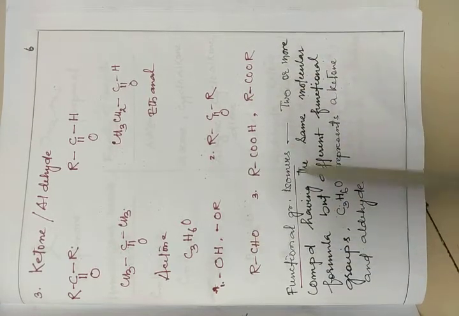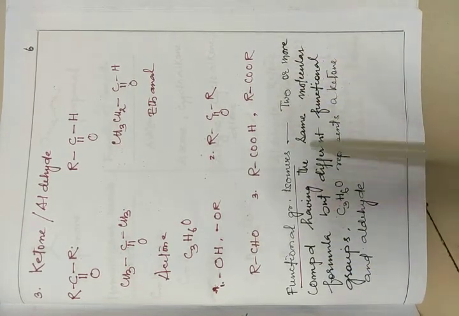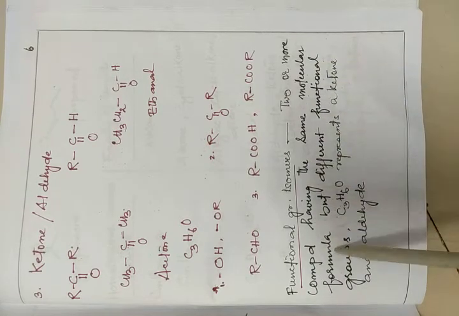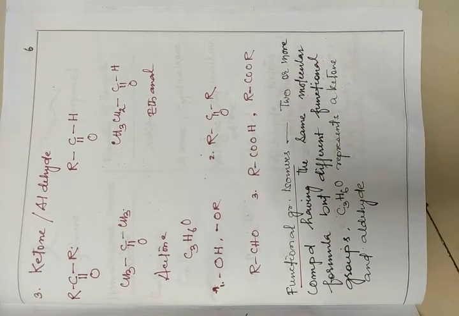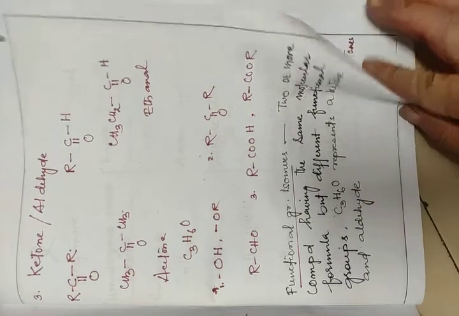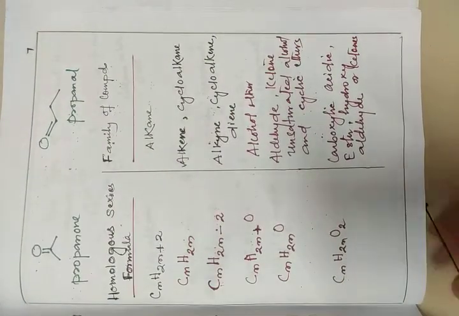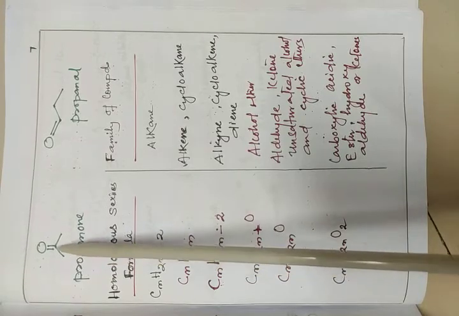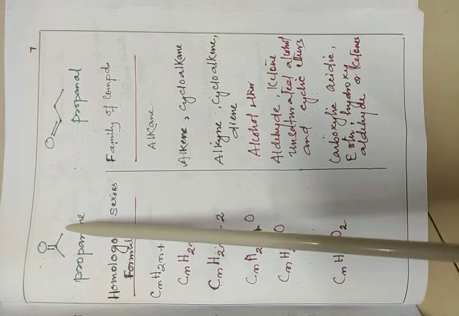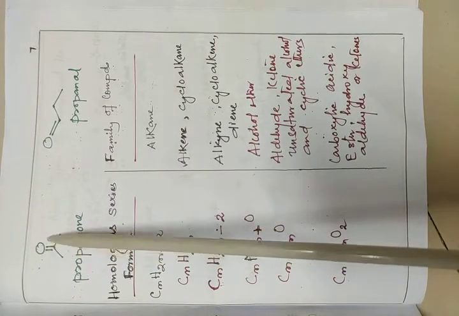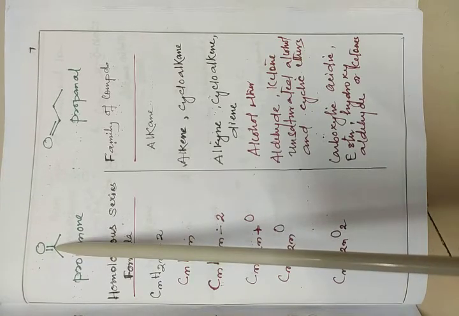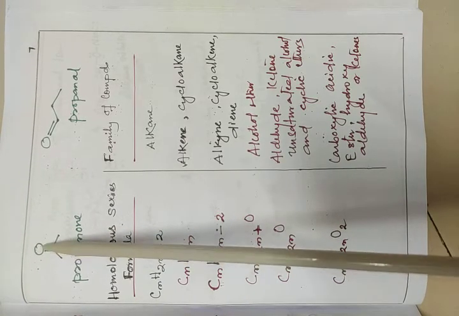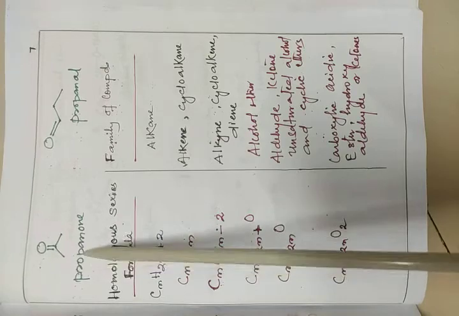So functional group isomers are two or more compounds having the same molecular formula but different functional groups, that is C3H6O, which represents a ketone and an aldehyde. So this is functional group isomerism. Now one example is there: 1 2 3, that means propane, then a double bond to oxygen is there on the carbon, so this is propanone.